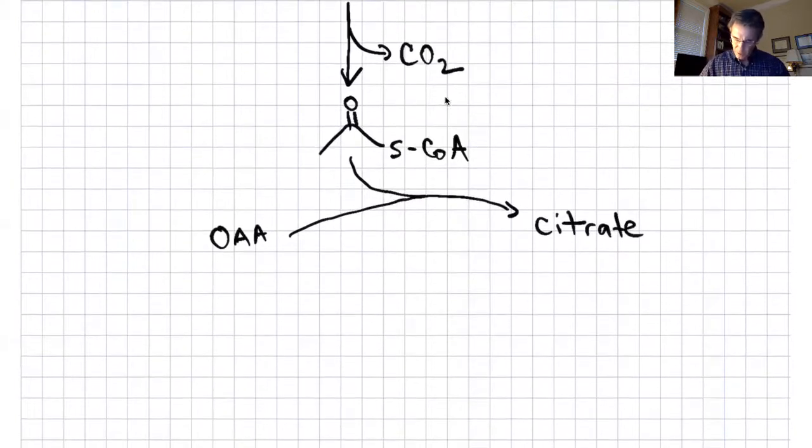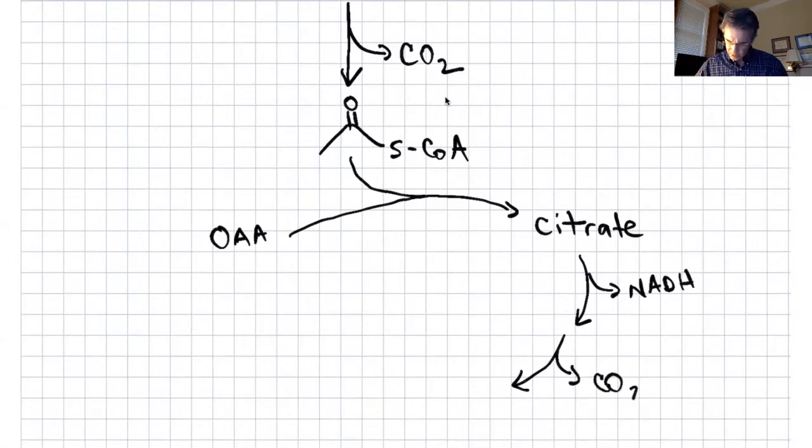And then in the last video, we saw how we drove this citrate through a sequential series of oxidative decarboxylations, again peeling off some more NADH and driving off more CO2.